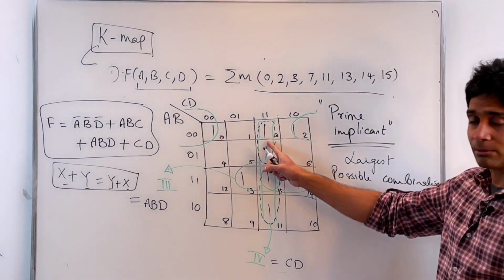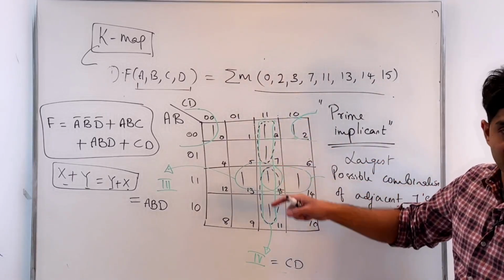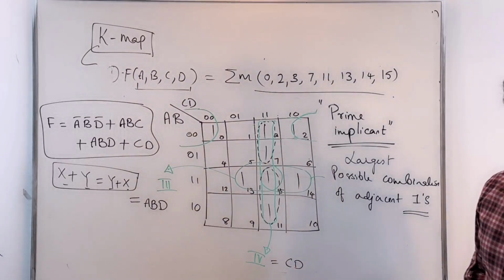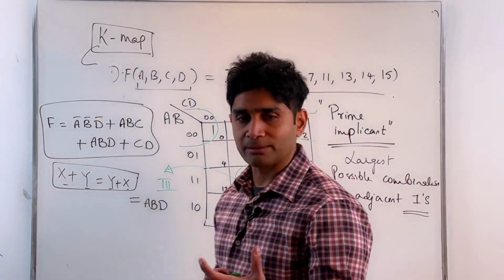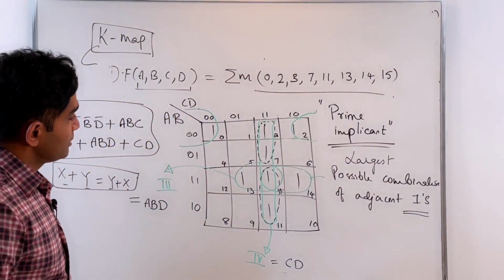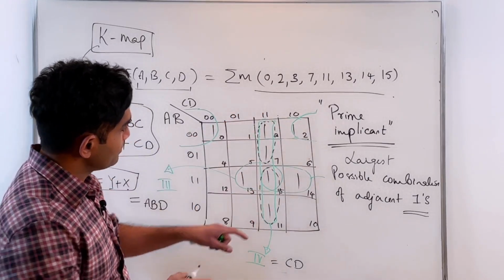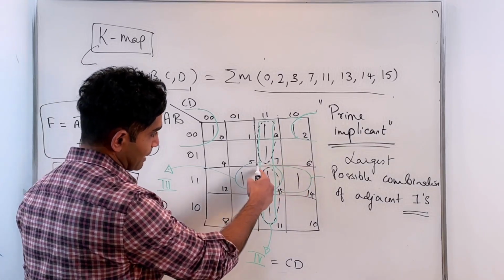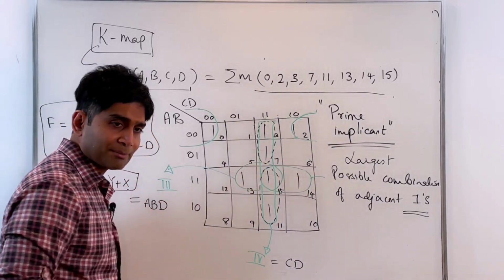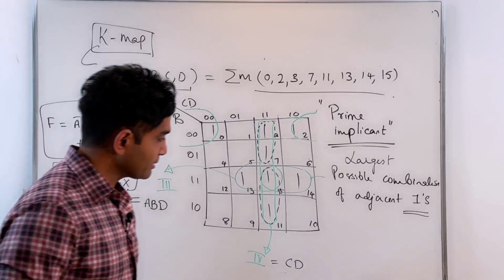That's not the largest combination. Combining these two cells, when I have additional adjacent cells, will not be called the prime implicant. They'll be called just the implicant, if you will. So for this combination and for this combination, those are the prime implicants. These are all prime implicants.